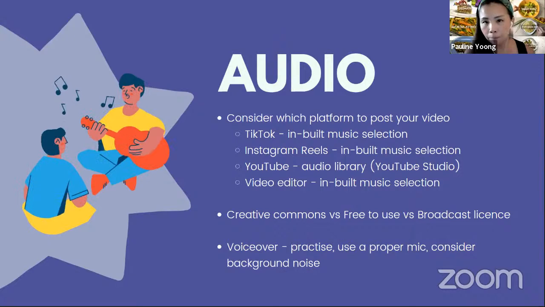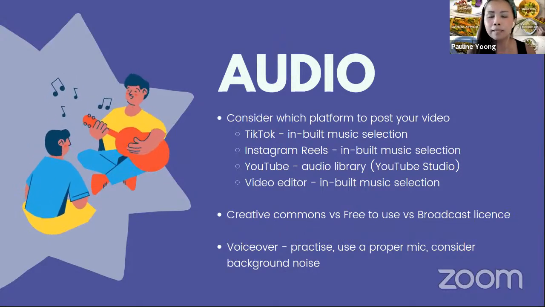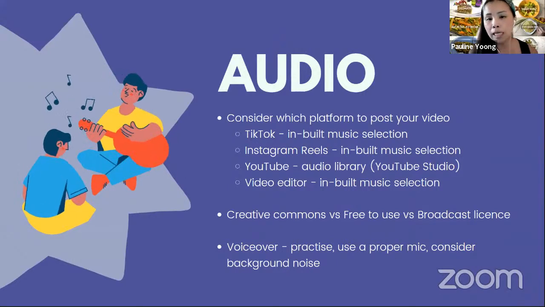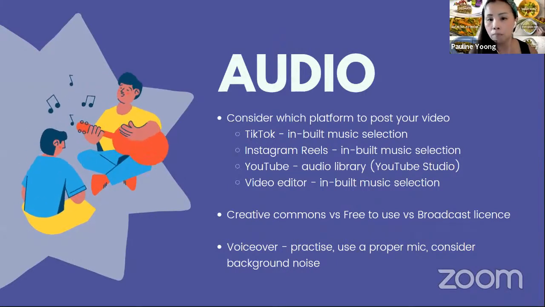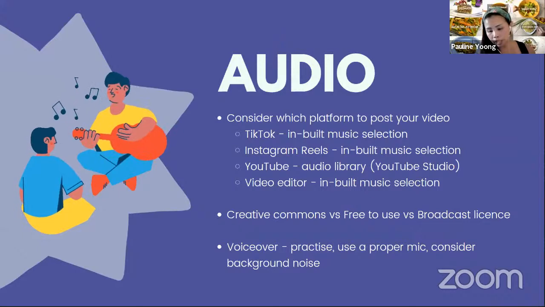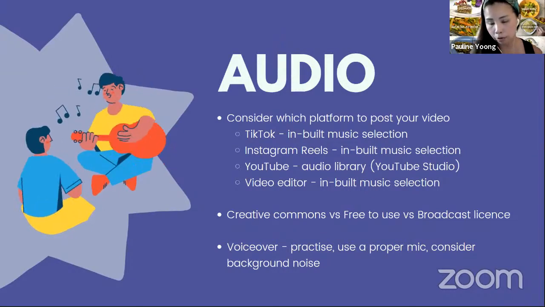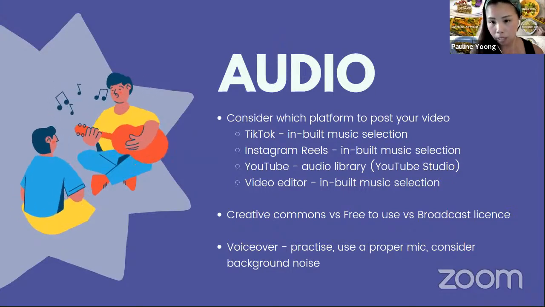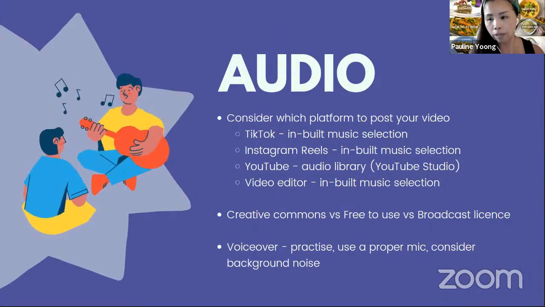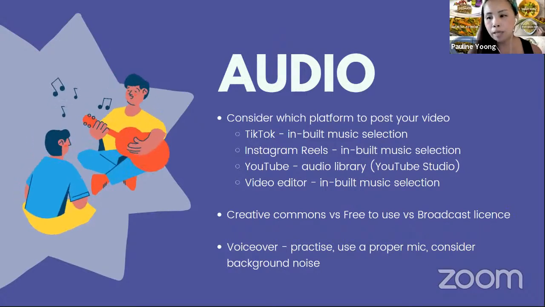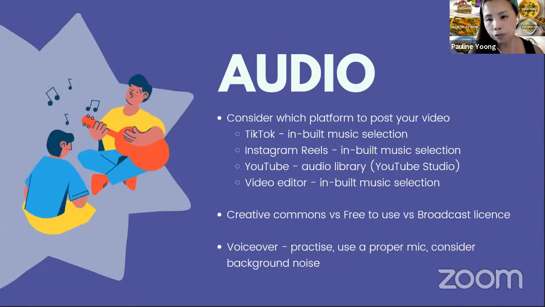Next point. Actually, there are a few different licenses, but you will most likely see things like Creative Commons. Creative Commons actually means that you can use the creative asset, the music or the sound effect, and you do not have to give attribution, right? Which means that it is basically free to use.